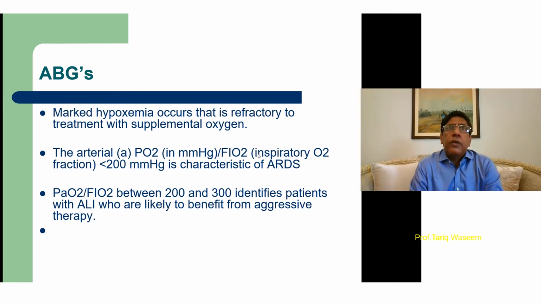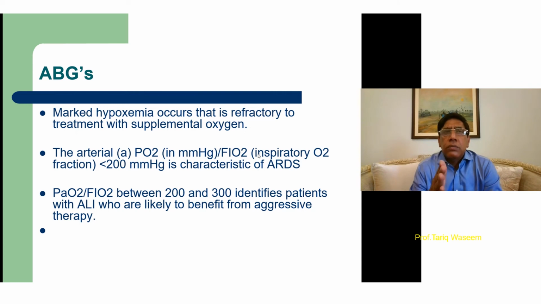So this is 21%. So when you give pure oxygen from a cylinder through a nasal cannula into the nasopharynx, 100% oxygen, you are breathing all oxygen and nothing else, and this FiO2, or fraction of inhaled oxygen, would be 100%, right?